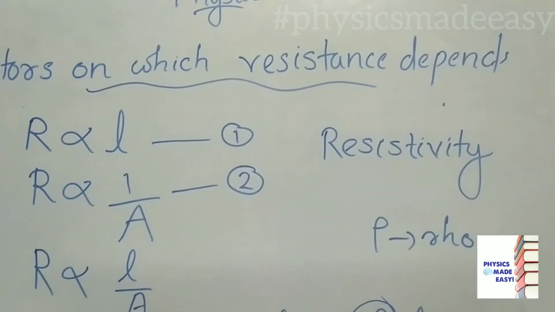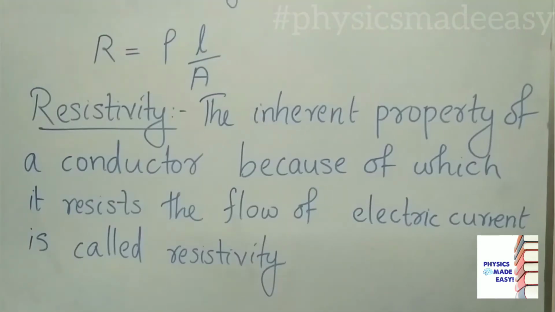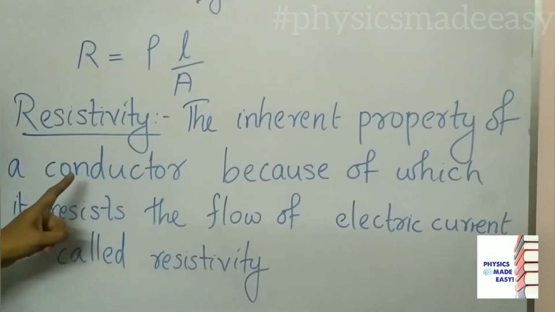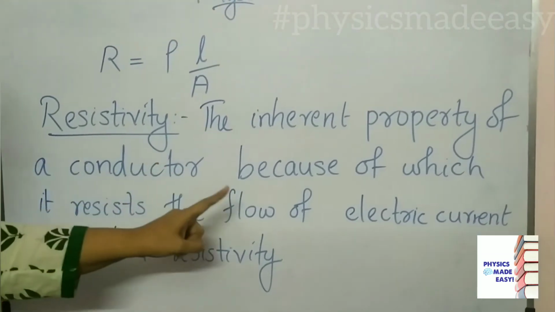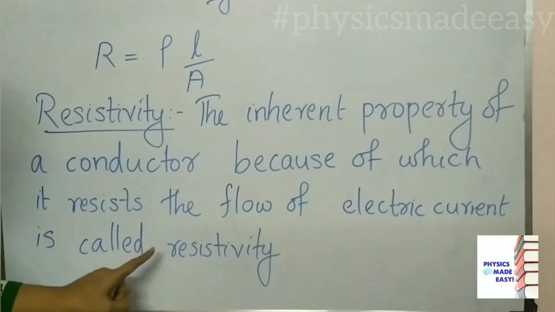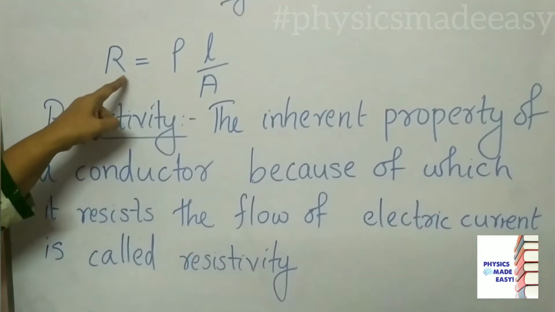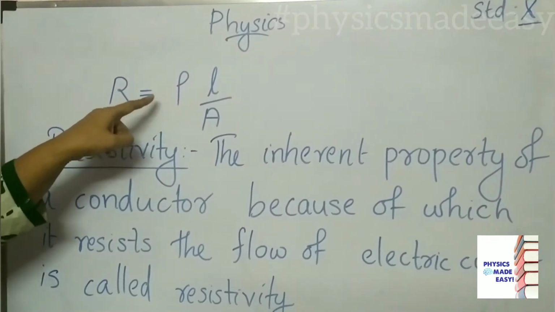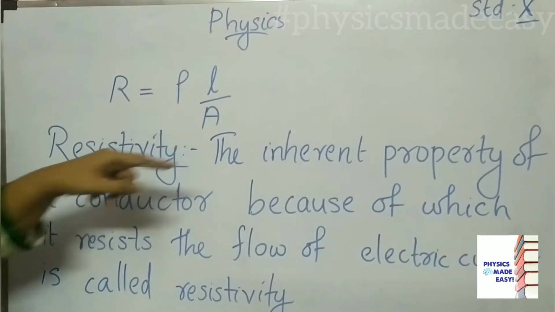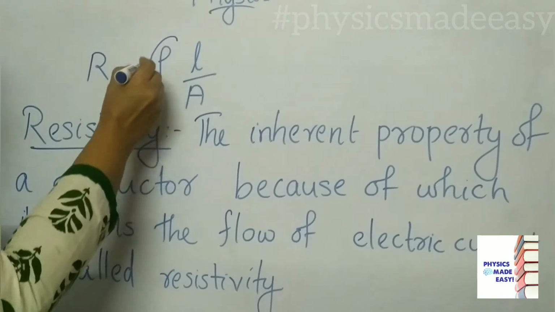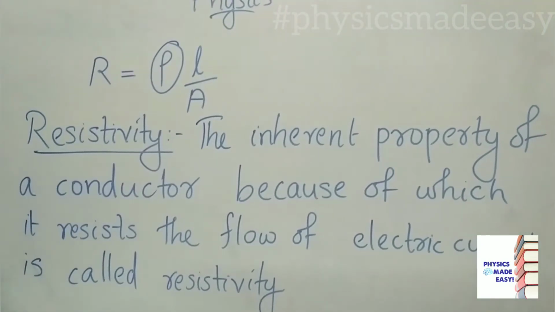Let us see what is resistivity. The inherent property of a conductor because of which it resists the flow of electric current is called resistivity. So here you can see the equation R is equal to rho L by A. This rho is called resistivity or electrical resistivity.